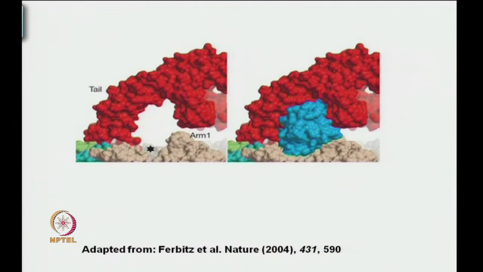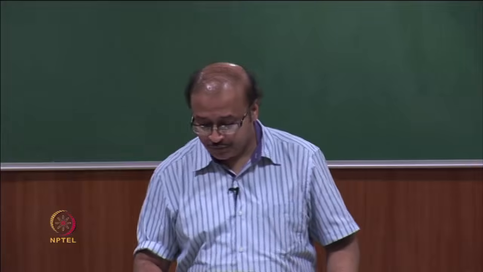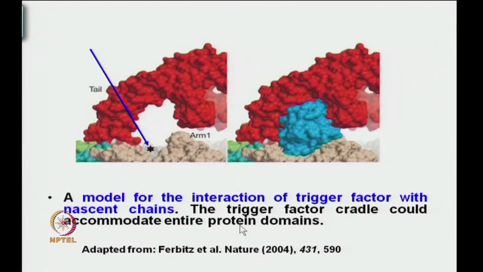Now, what are we looking at here? This is a model of trigger factor interaction with nascent chains. As this says, the trigger factor cradle could accommodate entire protein domains, because it is that big in size. Here the black star is the exit port.